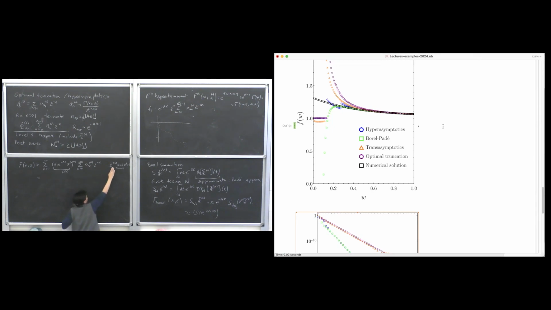Actually, I don't want modulus of z here. What I meant is z. If z is imaginary, that exponential is of order 1, in fact, but z can still be very large.